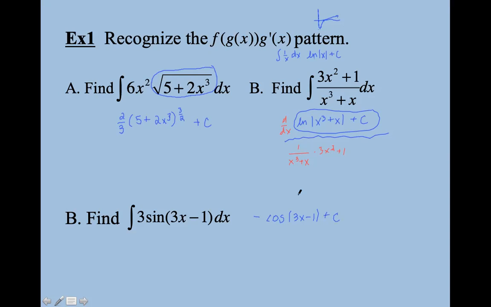Again, you can always double check. Derivative of cosine is sine. Excuse me, derivative of cosine is negative sine. That's going to make it positive. Derivative of this inside part would be 3. And there it is. So we did it right.